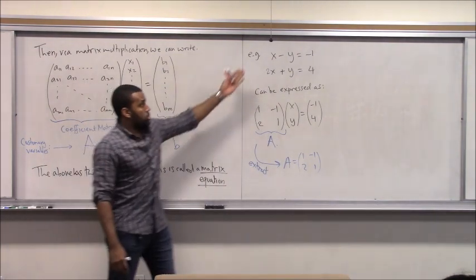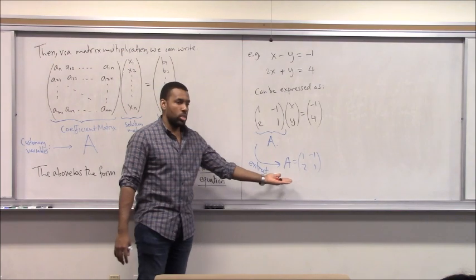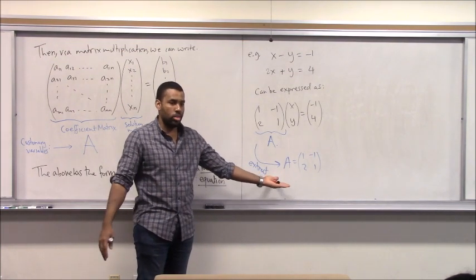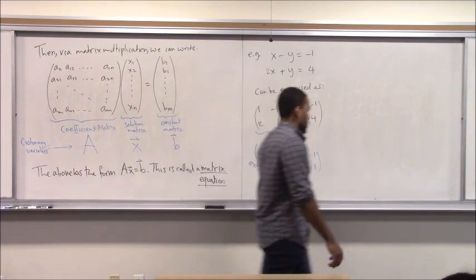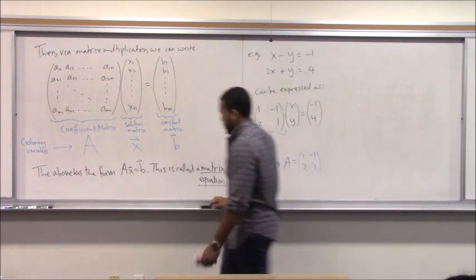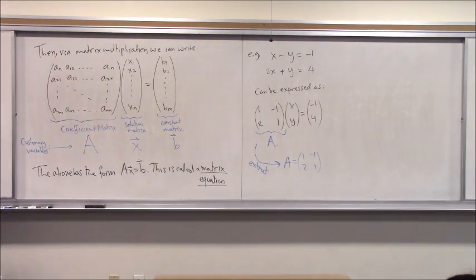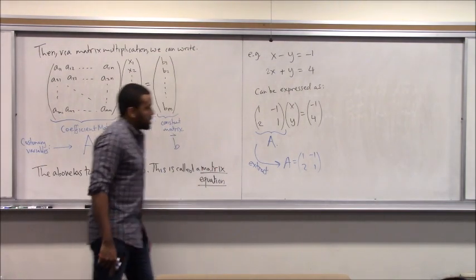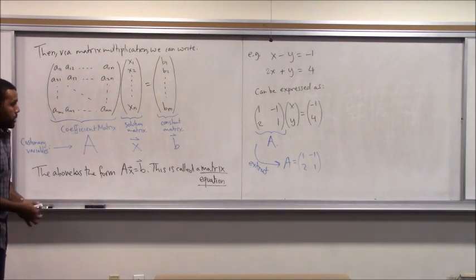So I can look at a system like this, and this matrix will now become important to me. Now I care about this particular rectangular array of numbers. You will also notice that that is the A that I used in the previous example. That's on purpose.